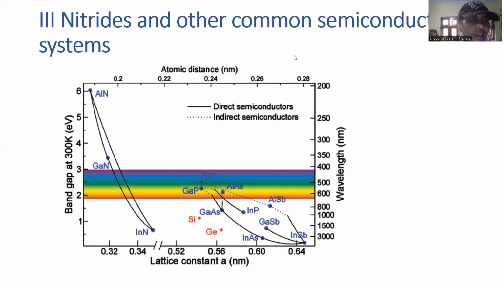So you can see that the group 3 nitride system spans the entire energy range from infrared all the way to ultraviolet through the visible, while the other material systems shown here span only part of the visible range and then the infrared. So clearly for solar cell applications where the solar cell spectrum itself spans the range from infrared to ultraviolet, the indium gallium nitride system is very useful.